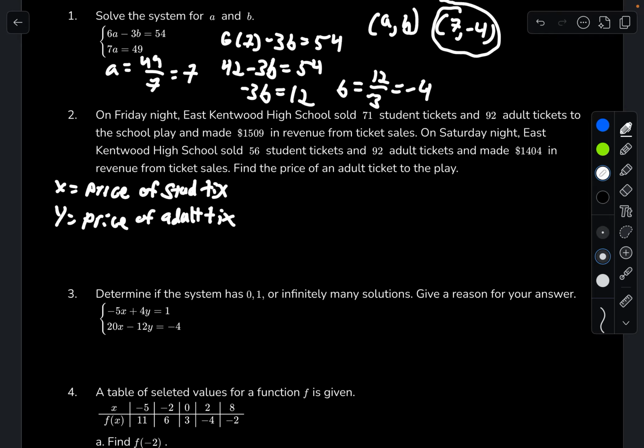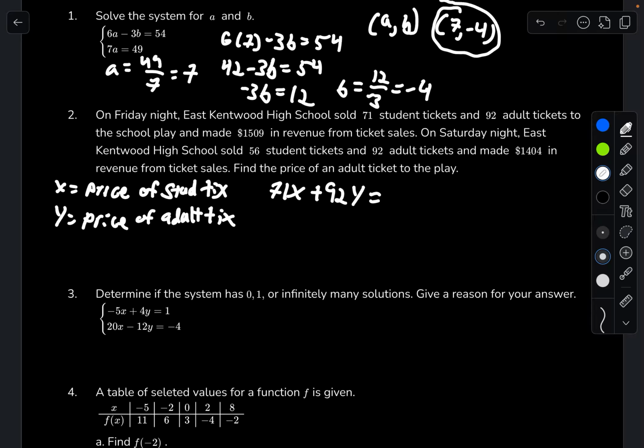So they sold 71 student tickets. That would be 71X. And 92 adult tickets, 92Y. And remember, X and Y are the price of students' tickets and adult tickets, respectively.